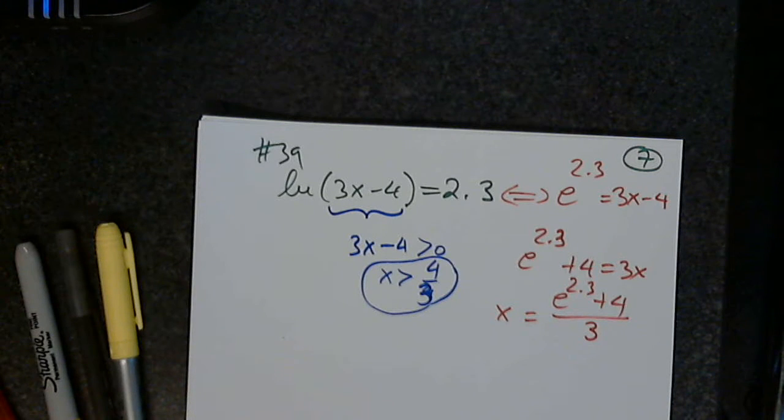So e raised to 2.3, close the parenthesis, plus 4, and divided by 3. It's more than 4, and 4/3 is a little bit more than 1. So would you accept the solution or not? Yes, we accept the solution.